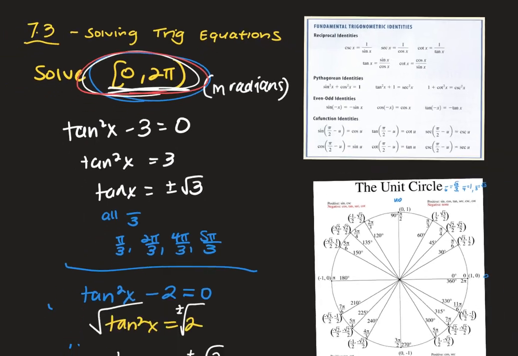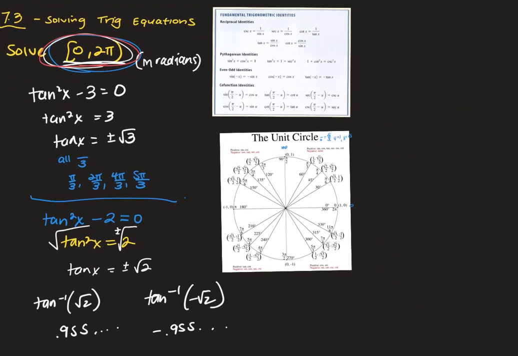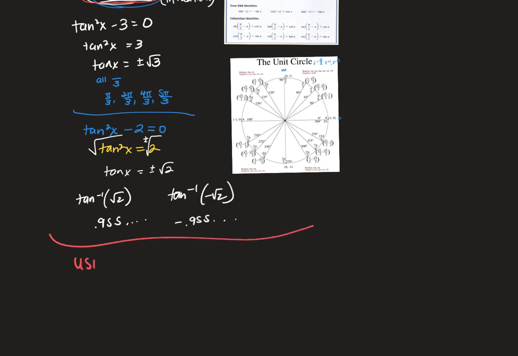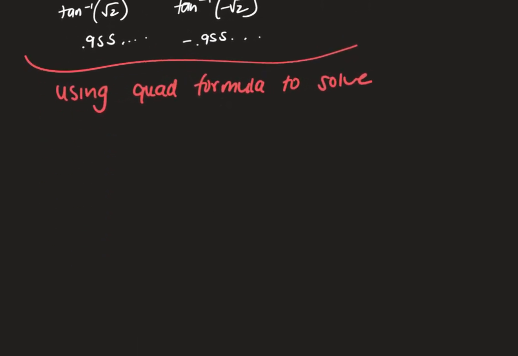The other thing that was not on your quiz for solving equations, because you didn't have a calculator, is using the quadratic formula to solve. So let's say, for example, you've got 2 tan squared x minus tan x plus 2 equals 0, and it said to solve that.